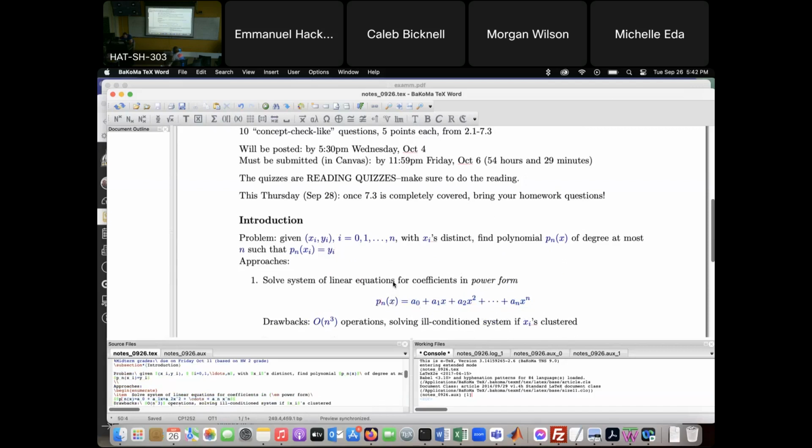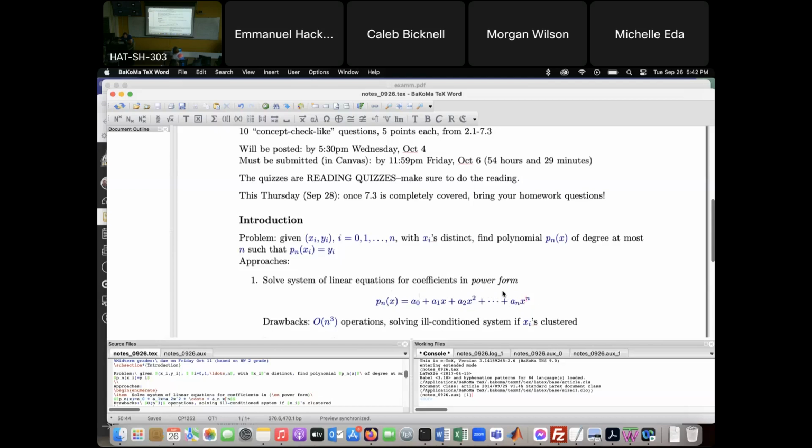You substitute in each x value, set that equal to the corresponding y value, and you get a system of n+1 linear equations in n+1 unknowns, the coefficients a0, a1, a2, etc. And you just solve that system.